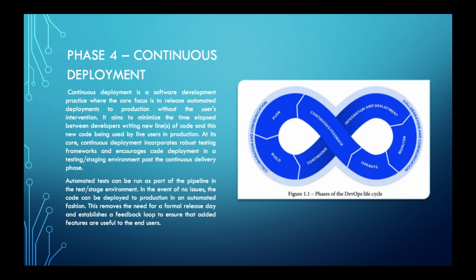At its core, continuous deployment incorporates robust testing frameworks and encourages code deployment in a testing, staging environment post the continuous delivery phase. Automated tests can be run as part of the pipeline in the test stage environment. In the event of no issues, the code can be deployed to production in an automated fashion.